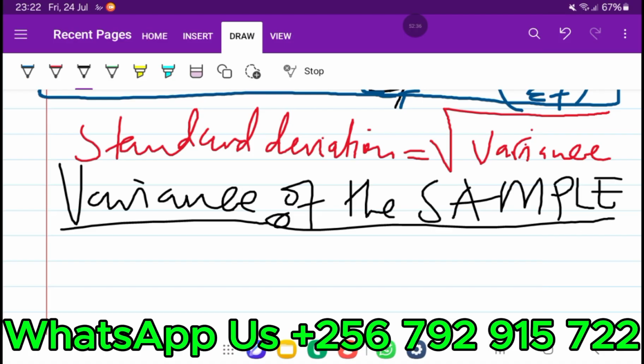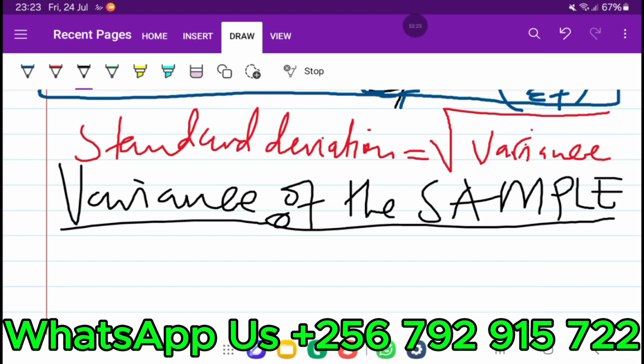Now, the same thing will happen if they are asking you the sample standard deviation. It will be the positive square root of the sample variance. It is one of the most useful and most sophisticated measures of variation, because it helps you to describe the scatter of the scores around the mean.